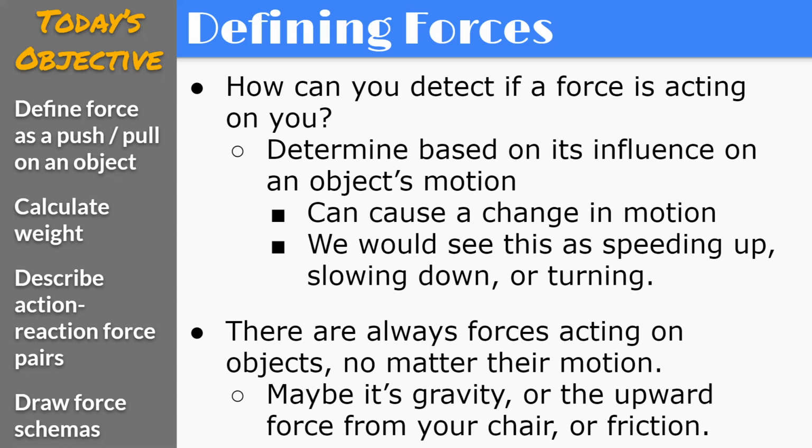There are always forces acting on objects, no matter their motion. Maybe it's gravity. Maybe it's the upward force from your chair. Maybe it's friction. And sometimes those forces can cause a change in your motion, and other times they're just doing nothing at all, like what's happening right now. And so when we start to put numbers to it, you'll see why sometimes you get a change in motion and sometimes you don't.